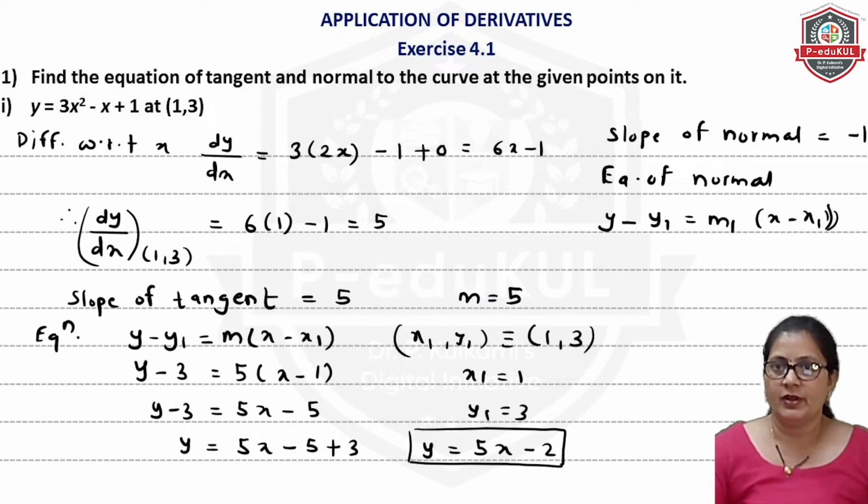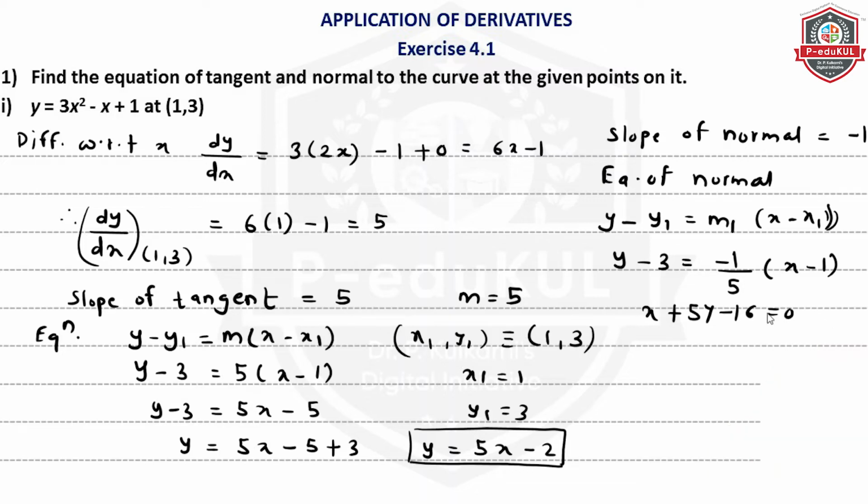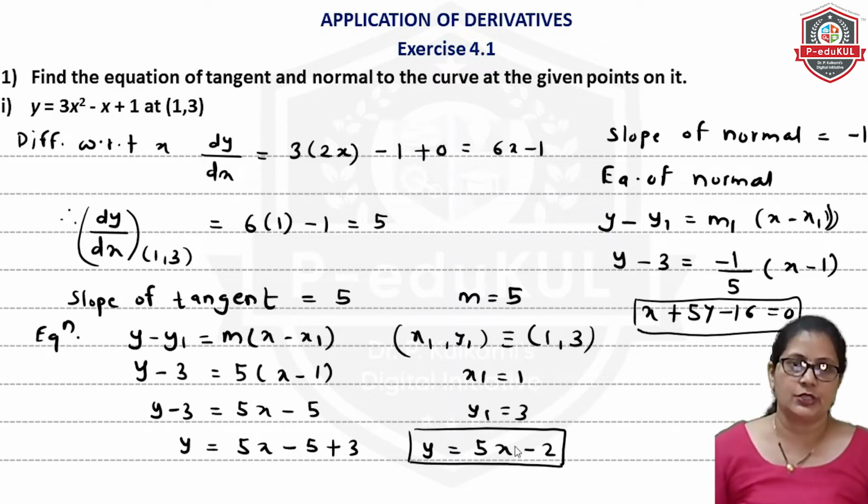So this slope I will write it as m1. Okay. So this will be y minus 3 equals minus 1 upon 5 into x minus 1. After solving this, we will get the equation as x plus 5y minus 16 is equal to 0. So this is your equation of normal and this is your equation of tangent. That's it.